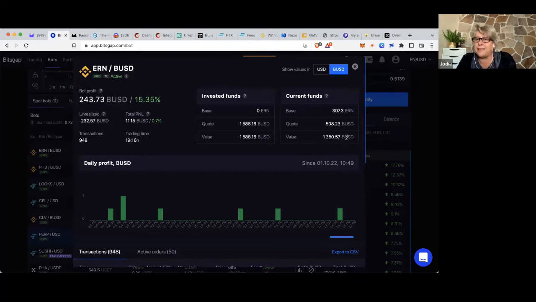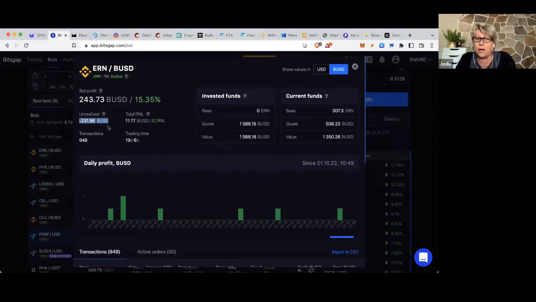So even if it means losing our quick glance average daily wiggle, we can open this up and see that our current funds are correct. Because what it means is it's only if we close the bot today. So if we go back over here, it says you've been paid out 243 BUSD, but if you close this bot today, you'll have a difference from where you started the bot, because obviously the ERN's worth less than what it was when we started.